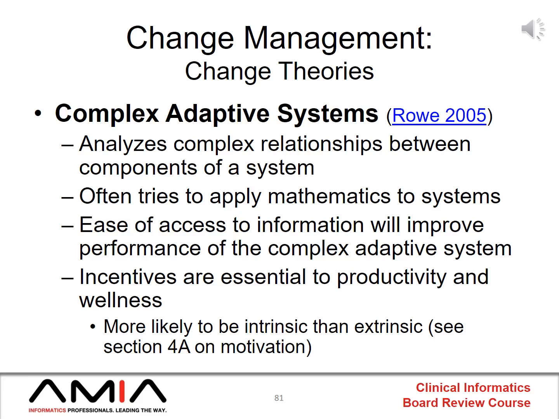This theory states that, in general, ease of access to information will improve the performance of a complex adaptive system, and that incentives are essential to productivity and wellness. However, as we discuss in section 4a, those incentives are far more likely to be successful when they are intrinsic motivators rather than extrinsic.